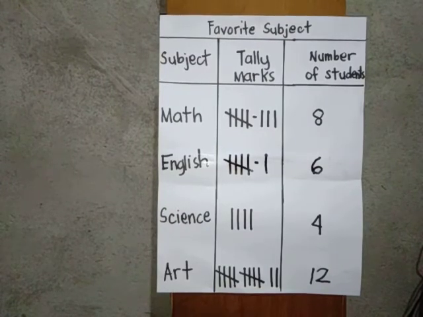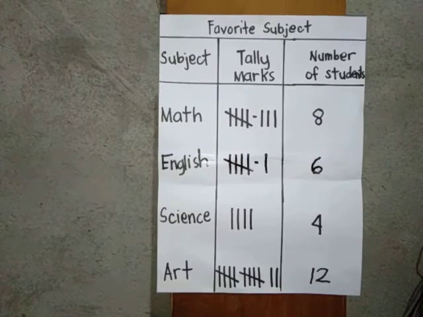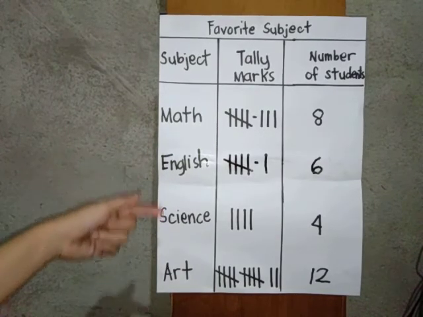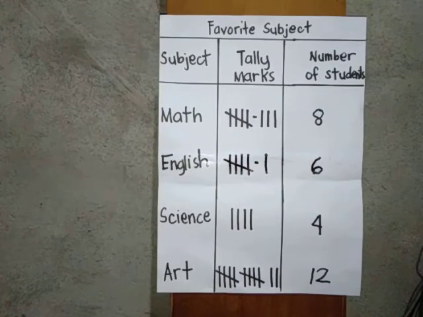Next question: how can we organize data in the table using tally marks? We first identify the objects or items we have to organize. In this table, the items that we need to organize are the different subjects, and we write their titles in each column of the table.